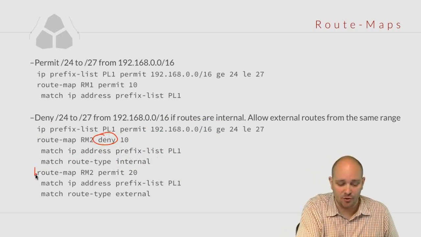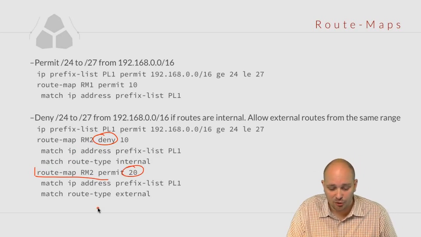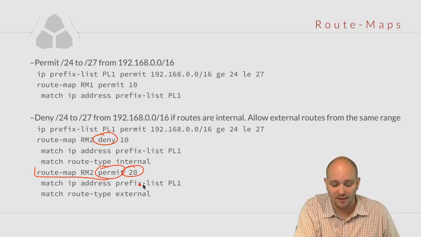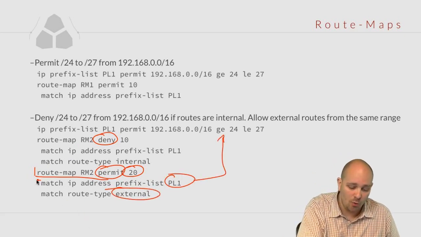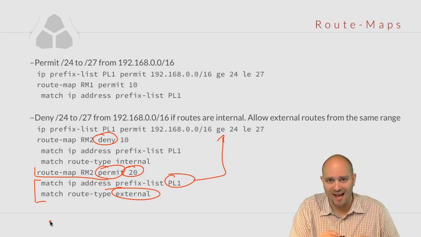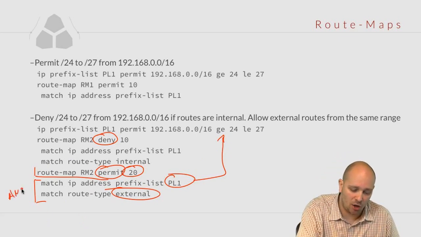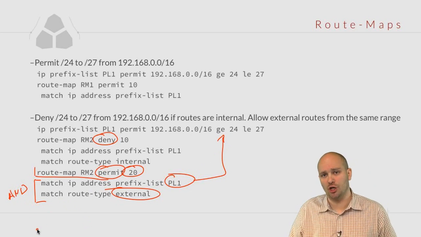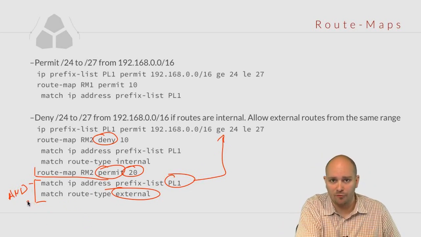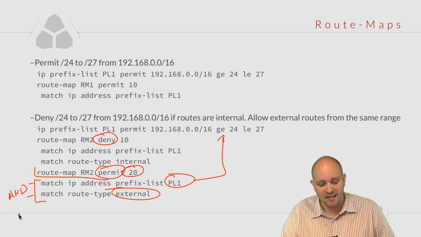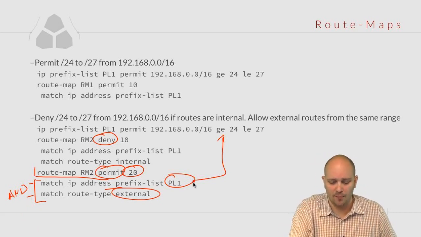Now, in the second route map entry with sequence 20, I'm saying permit whatever this prefix list permits, and if the route is external. So when we have multiple match entries here, they are organized with a logical AND operator. That means that this must fulfill the requirements and this here must fulfill the requirements.